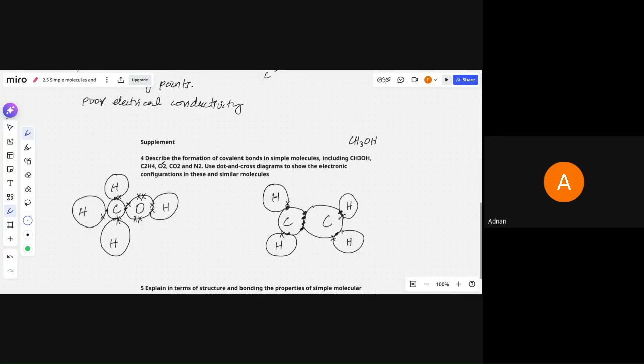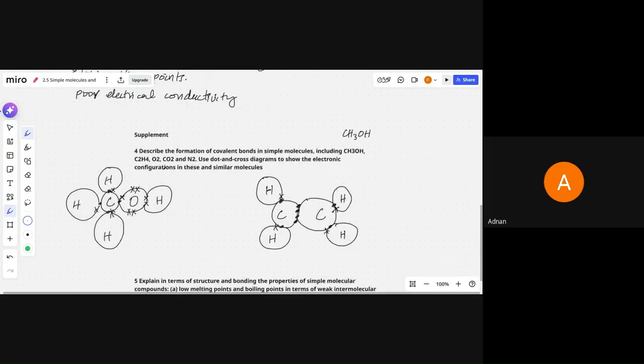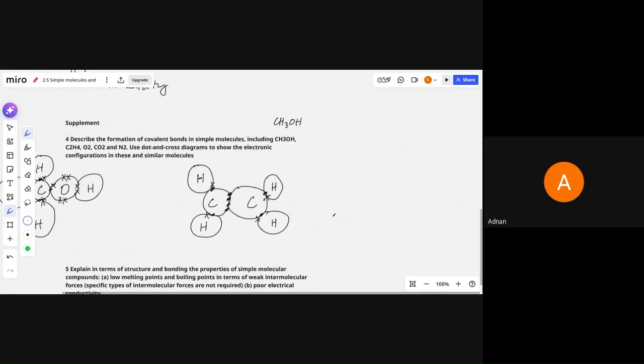Now let us draw oxygen, O2. We know that oxygen is in group 6, so it will have 6 electrons in the outer shell. It needs two more, so 2 electrons will be shared by each oxygen atom, and the total number of electrons shared between them will be 4.